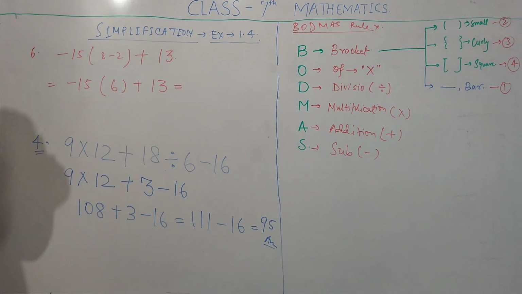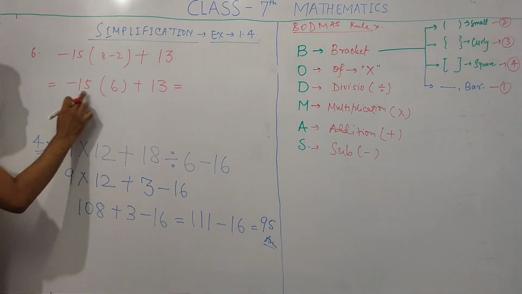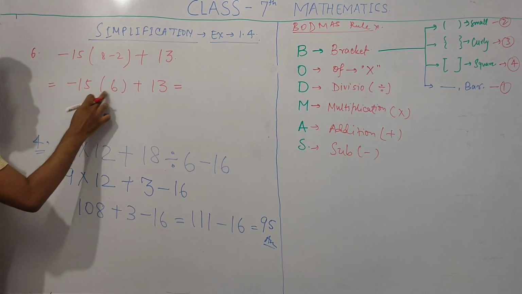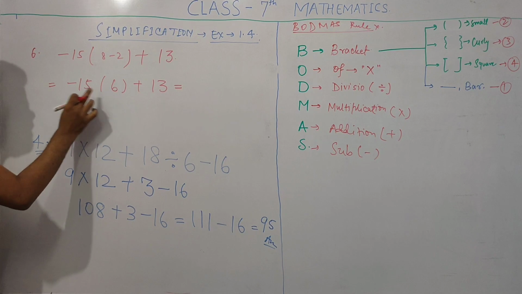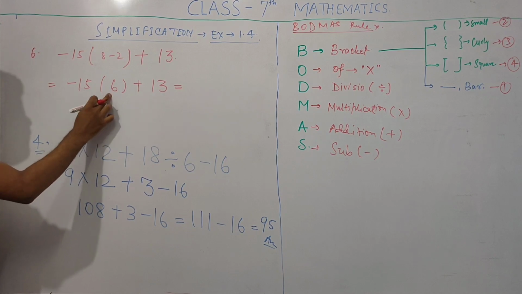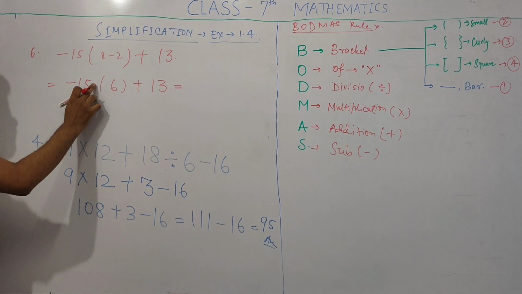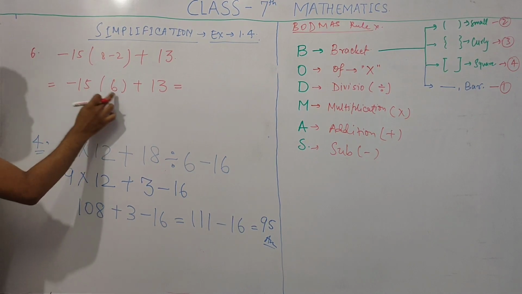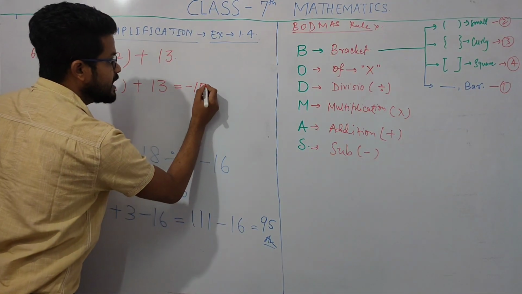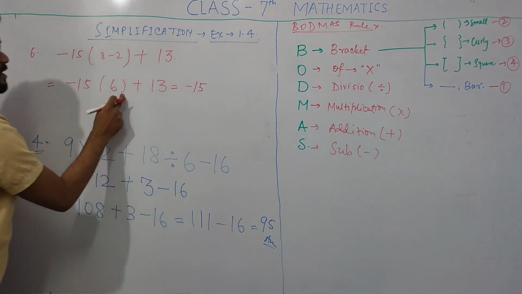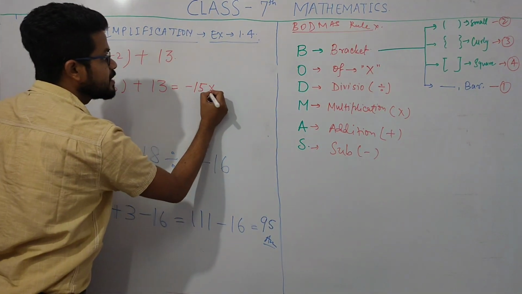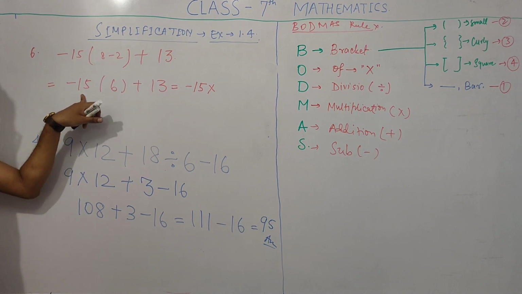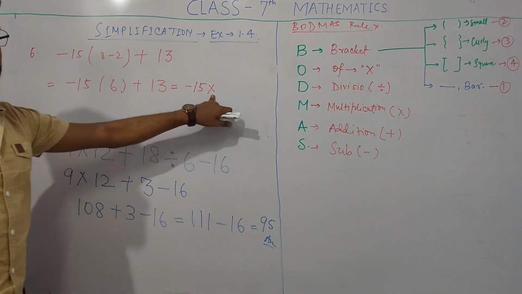Whenever we get a number before the bracket, I change the bracket by putting the multiplication sign in place of the bracket, between the numbers. So I put here minus 15, and in place of the bracket I put a multiplication sign. Whenever you get a number before the bracket, it means there is a multiplication sign, okay.